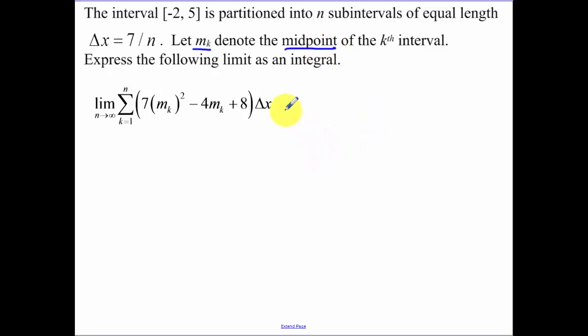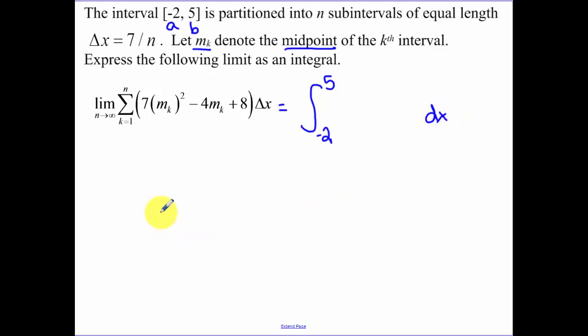Express the following as an integral. So basically, what does this mean in terms of our integral? Well, remember, this is our a, this is our b. So -2 is the a, 5 is the b. And we're going to take this of some function dx.